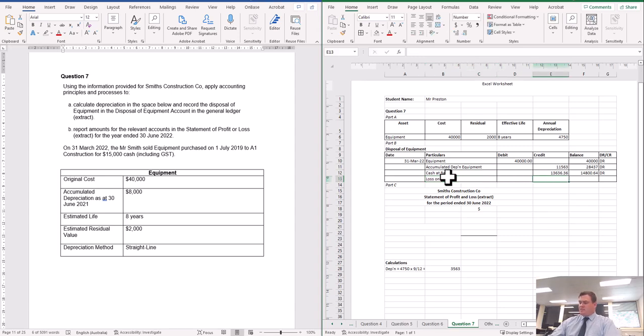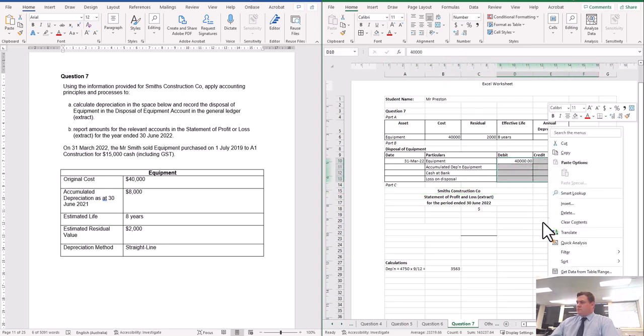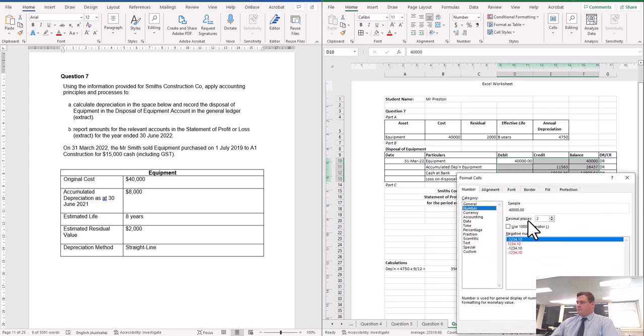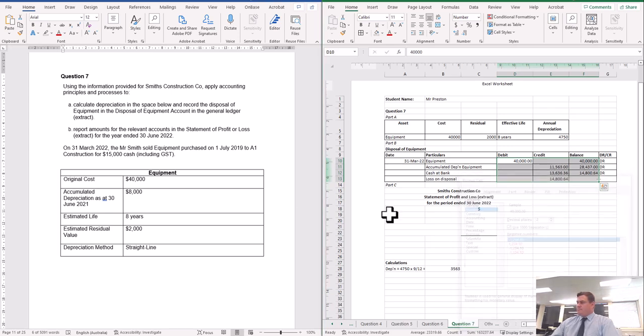And I'm debiting that loss on disposal for the 14,864. So my balance now is 0. Which is correct. So there's my disposal ledger, all recorded. So it's a bit awful because of the rounding. Fix that up. There we have it.